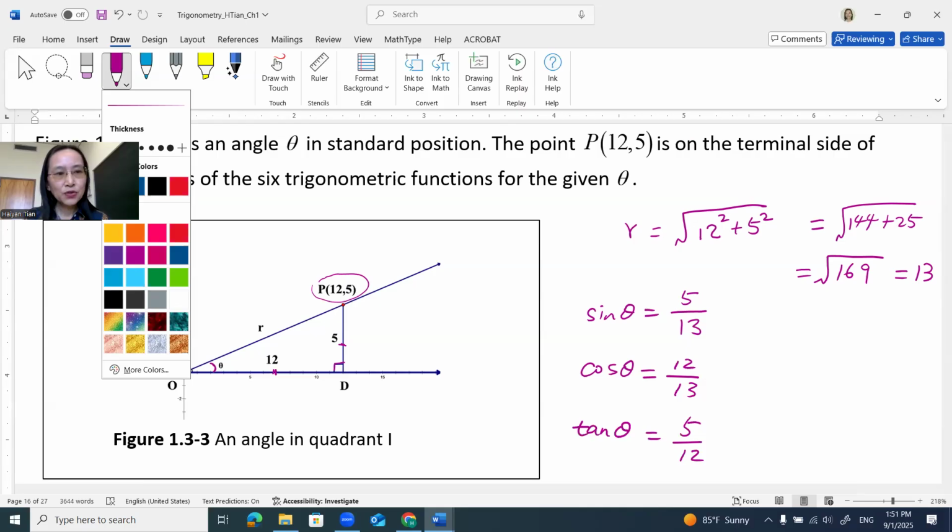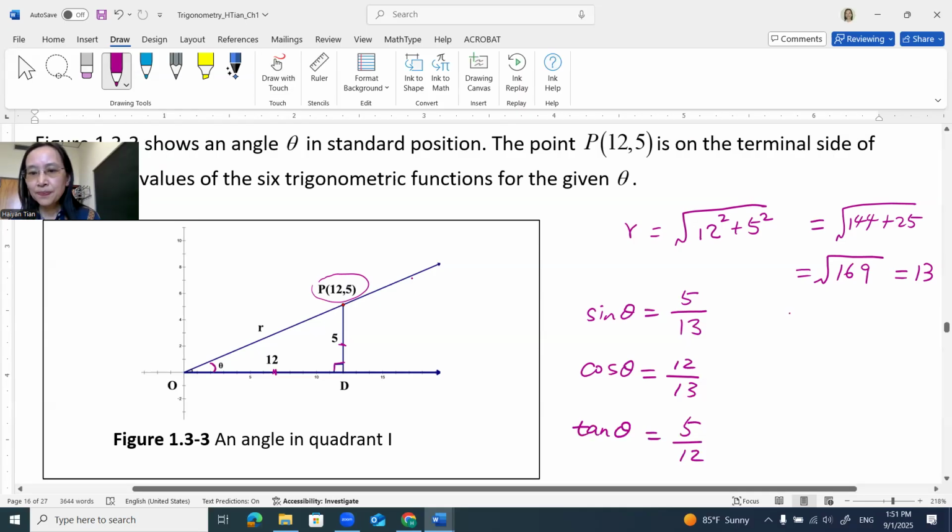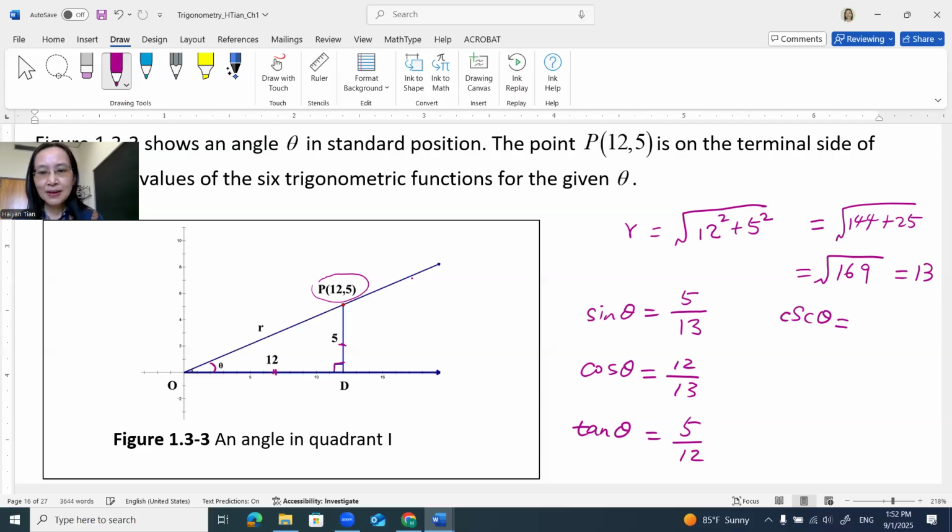Now we move on to the other 3 functions. Can we calculate cosecant? Cosecant theta is r over y, so 13 over 5.